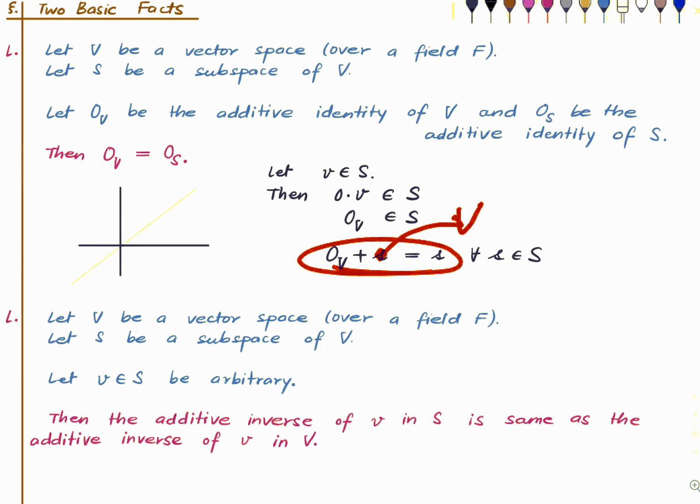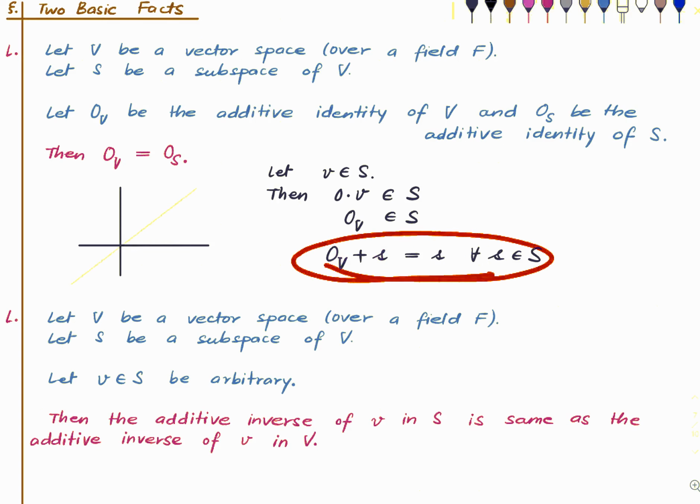After all, this is the additive identity of the parent. And we discussed that the additive identity of a vector space is unique. So this has to be equal to that. As simple as that. There is no mystery here. Think about it if it is unclear.